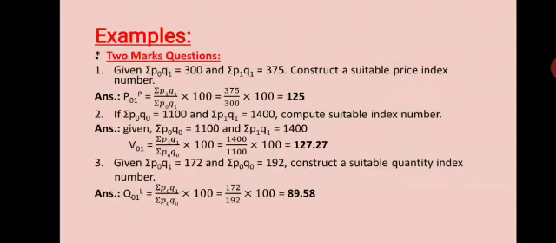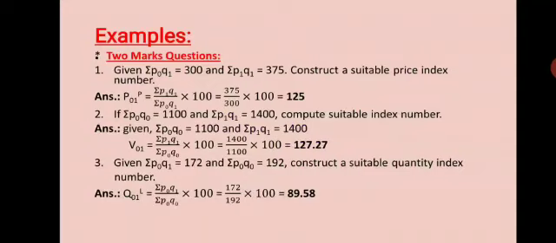The third question is: given summation P0 Q1 equal to 172 and summation P0 Q0 equal to 192, construct a suitable quantity index number. Here with the given values of summation P0 Q1 and summation P0 Q0, the suitable quantity index number formula is Laspeyres quantity index number.